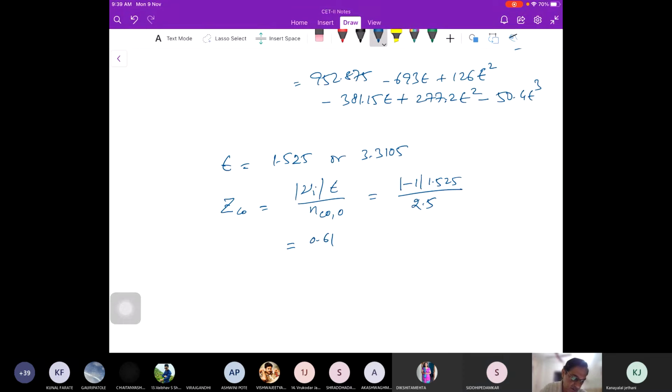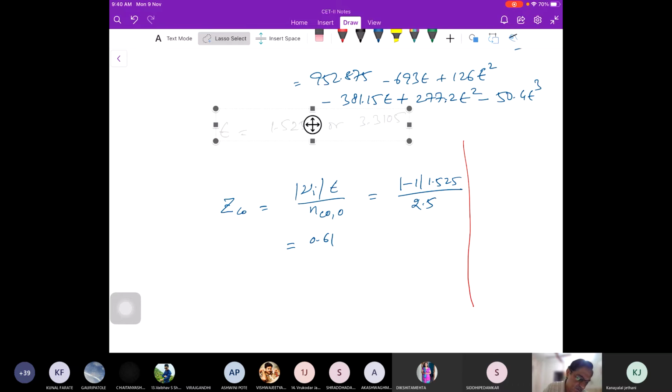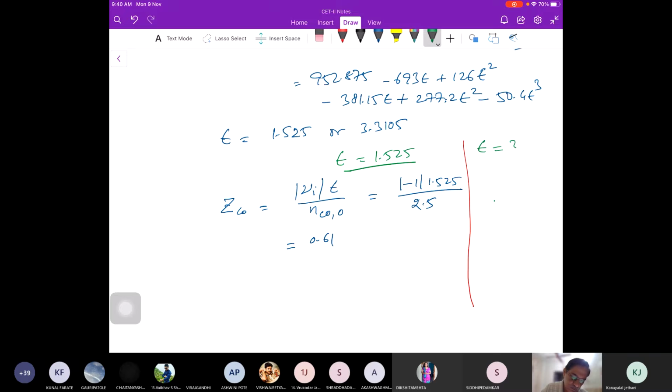0.61. So if you select the other value, this will be how much?